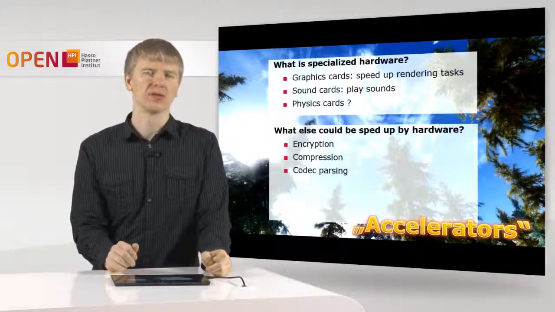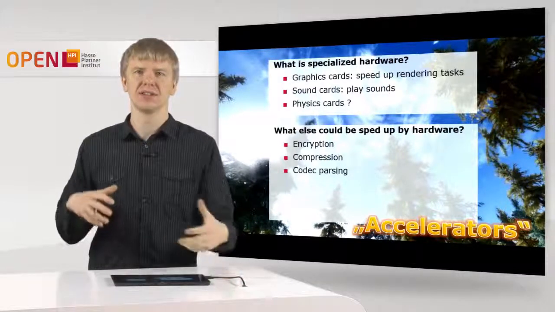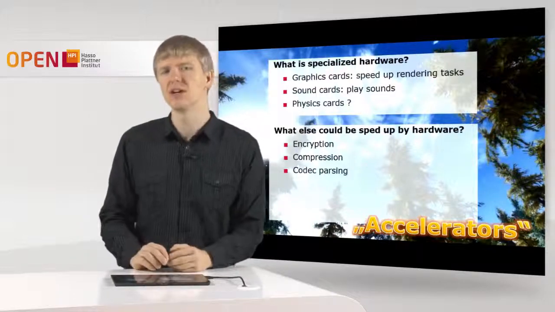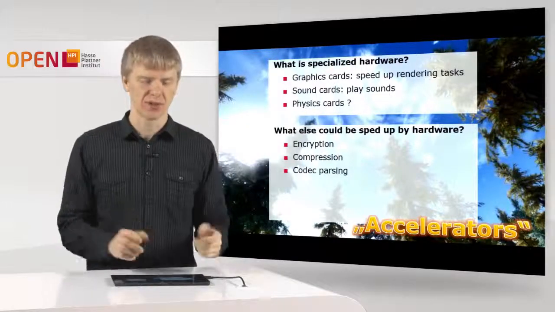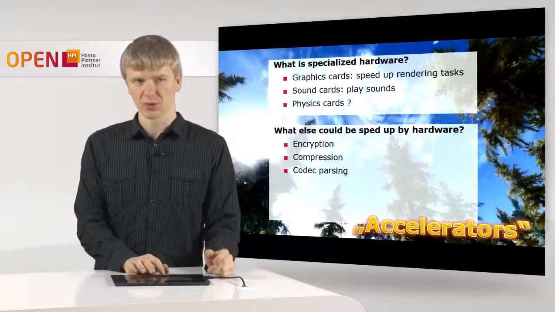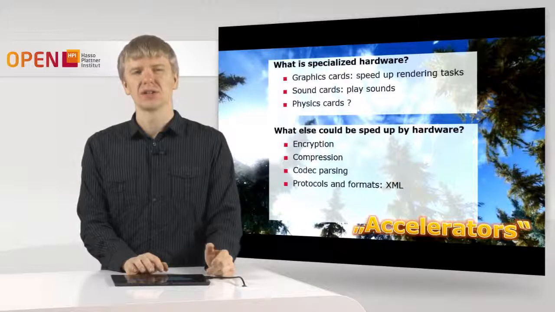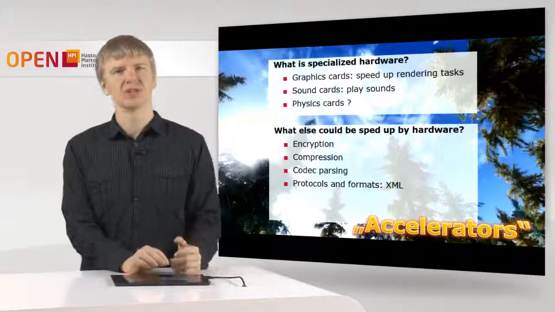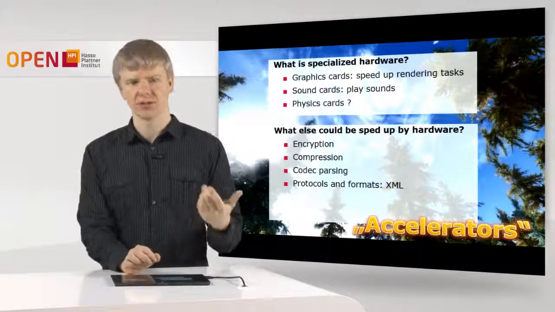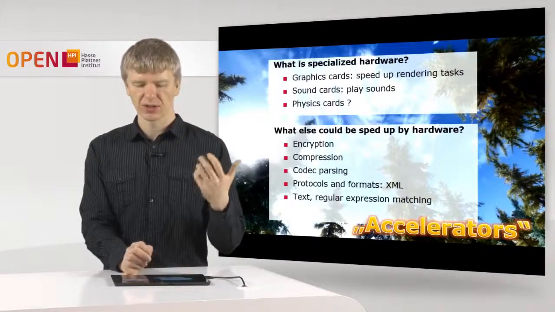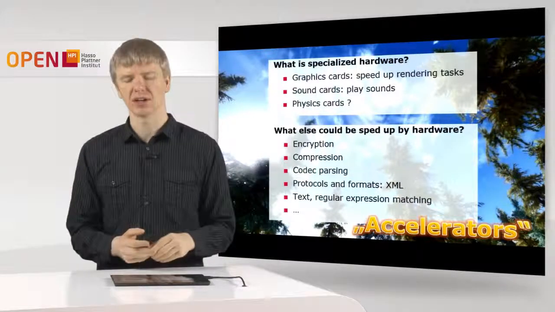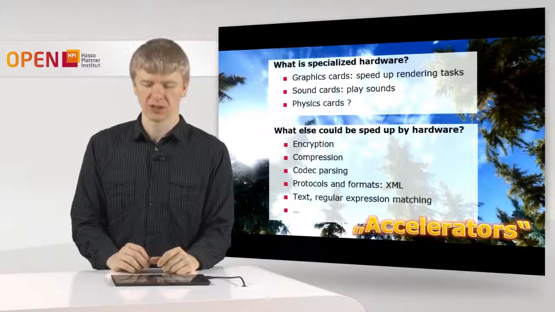This is very popular for all those movies: if you have a very small device and you want to see HD movies, then it's pretty good if you have special hardware that's pretty fast at decoding those movies. Then you could think about standard protocols that are used all the time, and on small devices like phones it would be great to have special hardware that deals with this. You could also think about text matching, regular expression matching. All those tasks occur again and again, and it would be beneficial if we had special hardware.